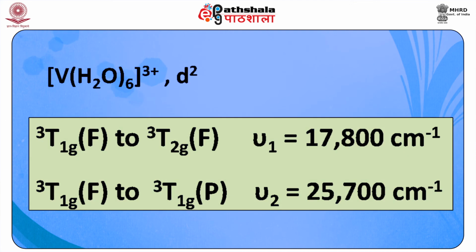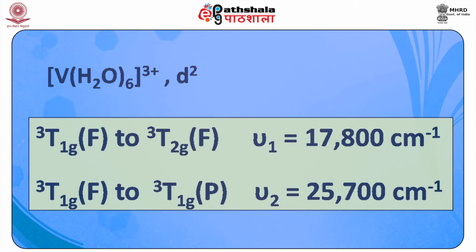Here we will take a d2 case of the vanadium 3+ complex, for which the values of nu1 and nu2 are 17,800 and 25,700 centimeter inverse. For these compounds, this corresponds to the transitions from triplet T1g(F) to triplet T2g(F) and from triplet T1g(F) to triplet T1g(P).